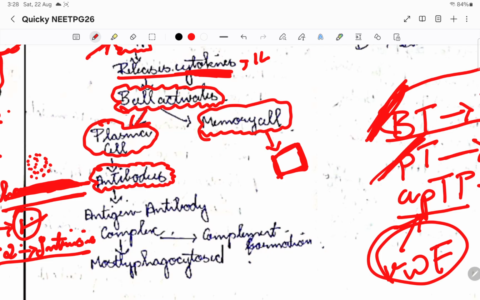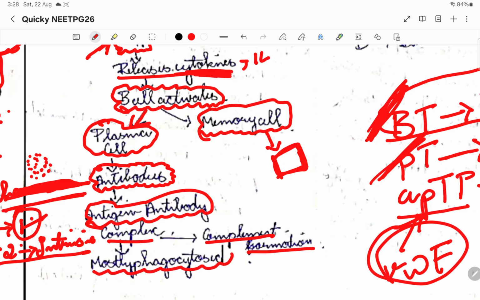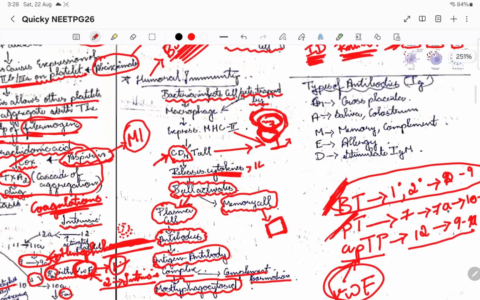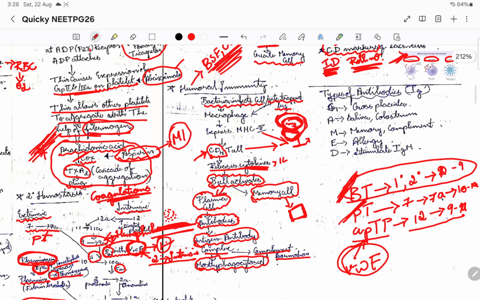They'll create the antigen antibody complex and go for complement formation, and some of them will be phagocytes. So this is the entire cascade that happens with respect to humoral immunity.